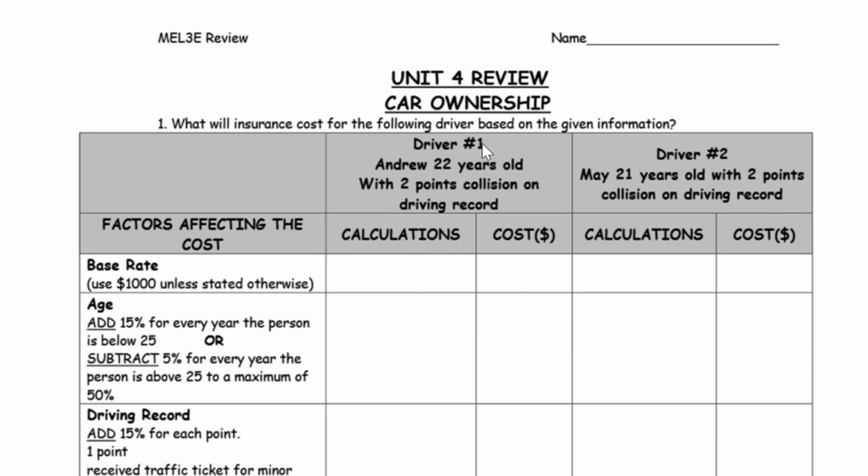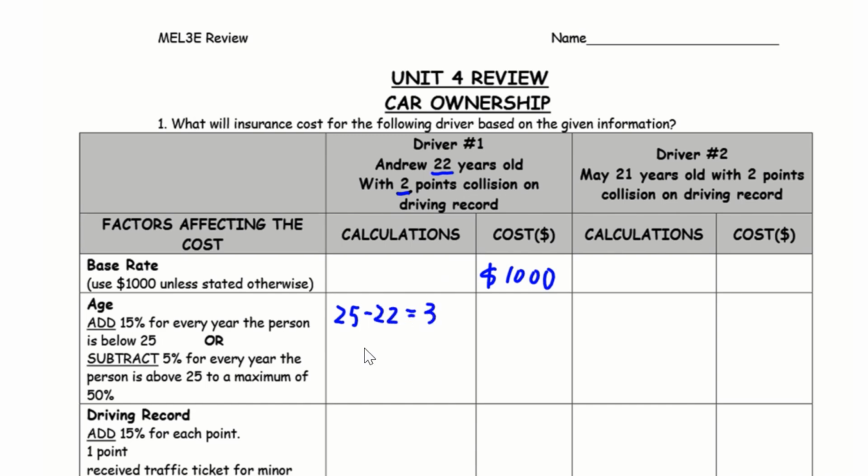So let's try the first driver, Andrew, 22 years old, with a 2-point collision on the driving record. The first one, the base rate is 1,000, so there is no calculation. We just copy the 1,000 here. And every year below 25, so 25 minus 22, we have 3.